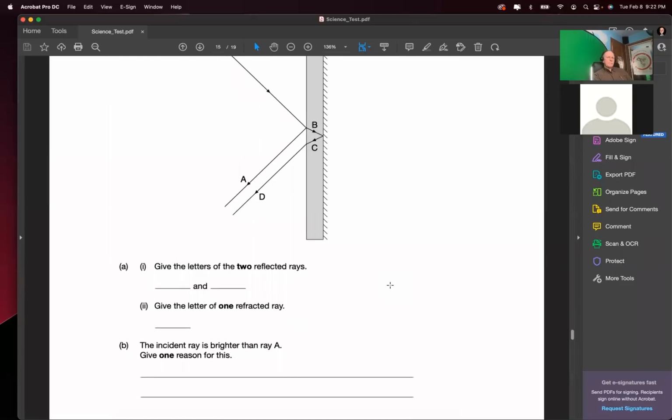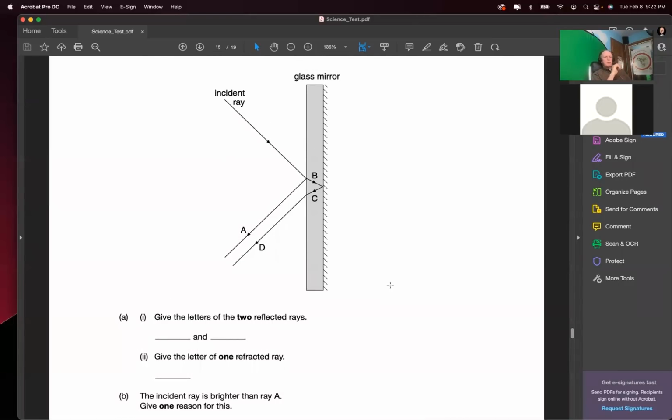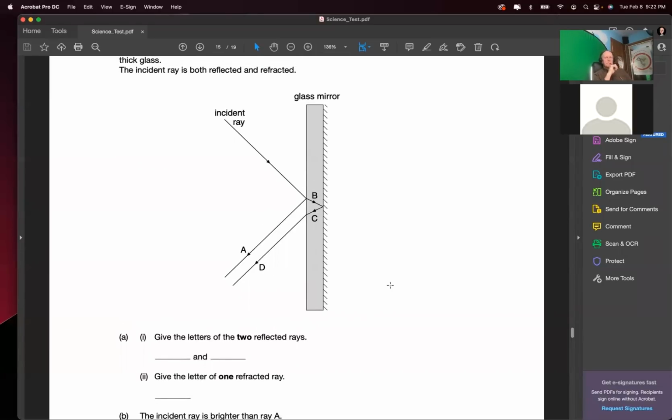Give the letters of the two reflected rays. I guess A and C would be the two reflected rays. Okay.